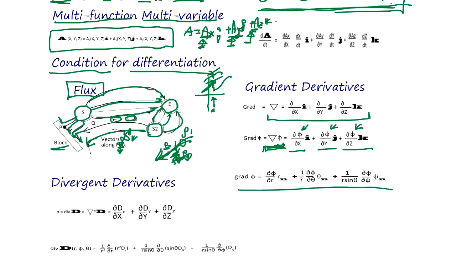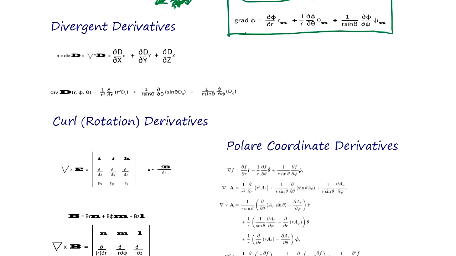That's one of the differentiations. We also have another differentiation called the divergence derivative. This time, with this triangle, we put a dot here. This is important. It means we use something like an inner product in the vector.